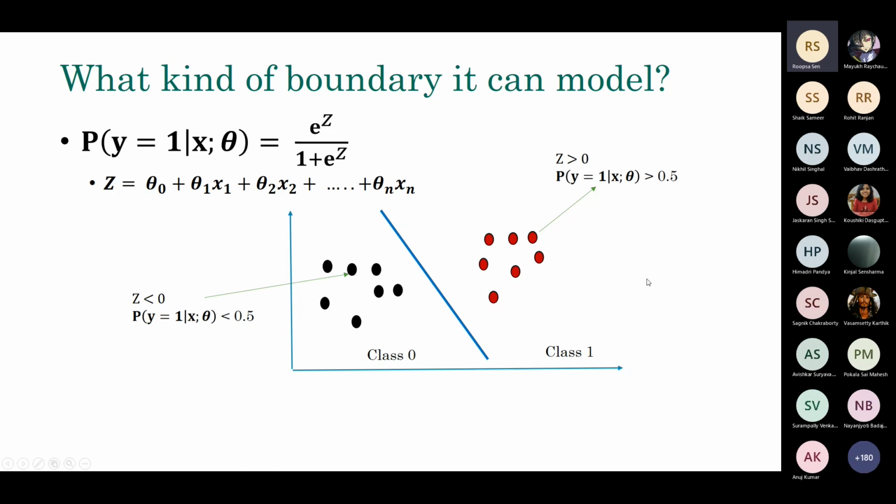But in this case, once you learn the model, that means you know the parameter values theta 0 up to theta n, for any test sample it is just manipulating this expression. You do not need to compute complicated things like K-nearest neighbor. So this is very fast to predict.